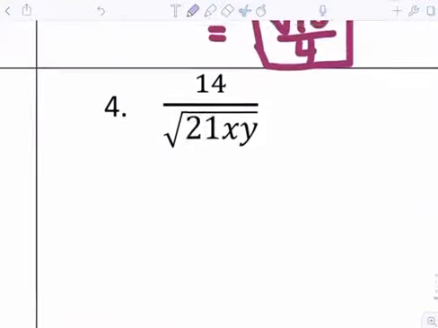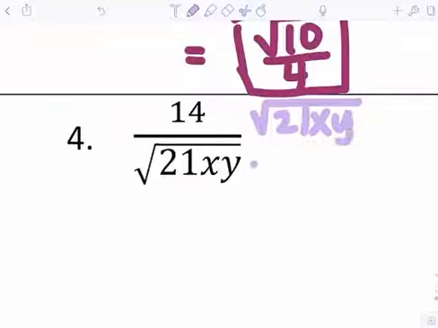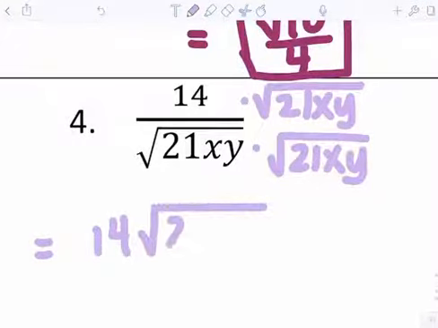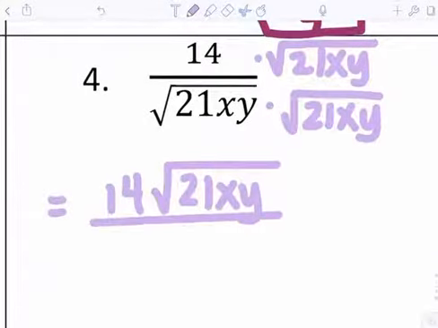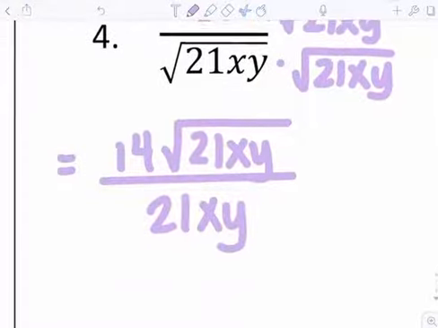Okay, number 4, same process. So I see 21x and y inside the radical, so I'm going to multiply that by the numerator and the denominator. So in the numerator, I will get 14 square root 21xy over 21xy.